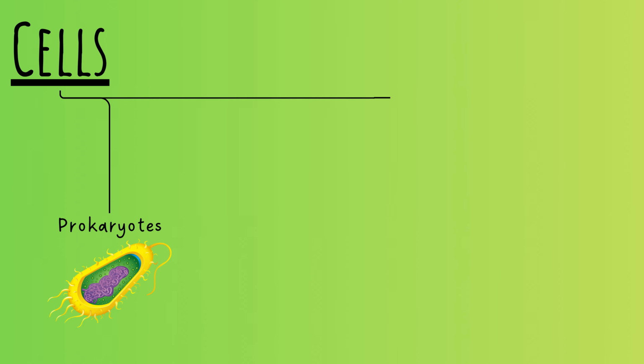Cells can broadly be separated into two groups. Prokaryotes, examples include bacteria, and they're amongst the oldest organisms on the planet. They are simpler and smaller, and they have very specific key features. Typically, you would study one of these under an electron microscope.